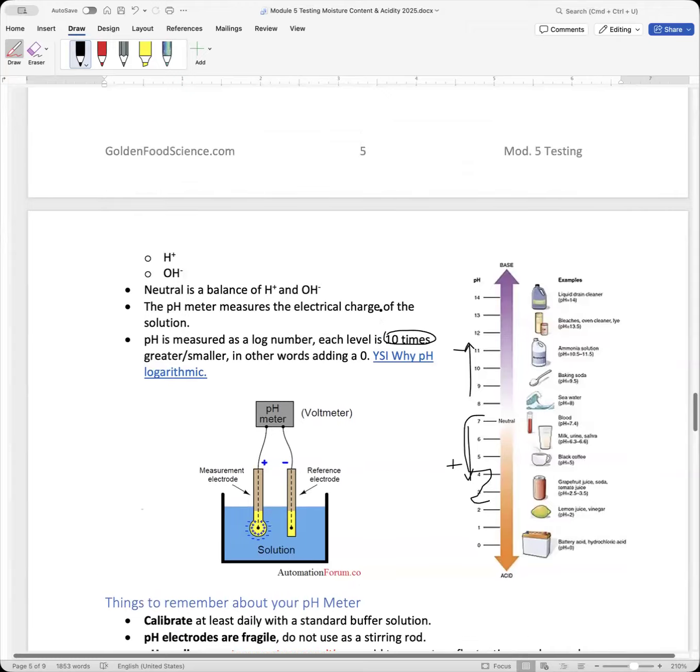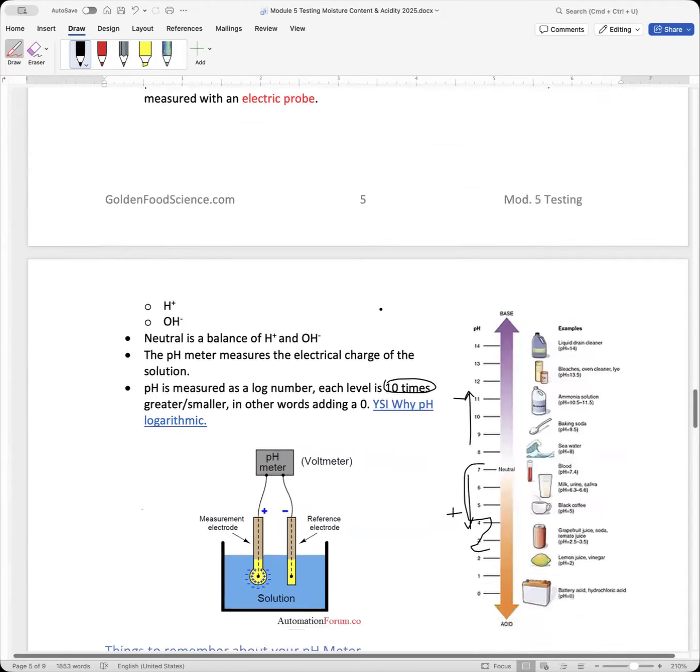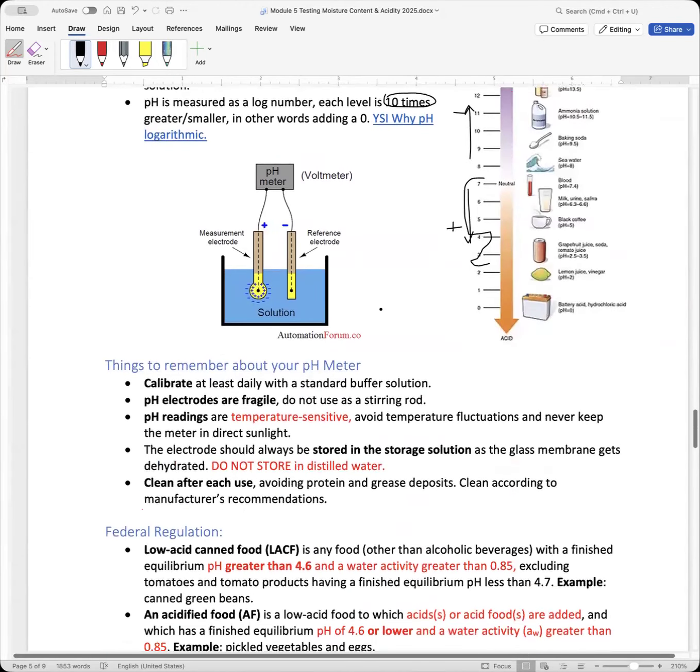So that is pH. A couple of things to remember if you get asked to use the pH meter. One is they need to be calibrated regularly. They come with a calibration solution, and they should be calibrated daily, if not more often, by shift, because they drift.